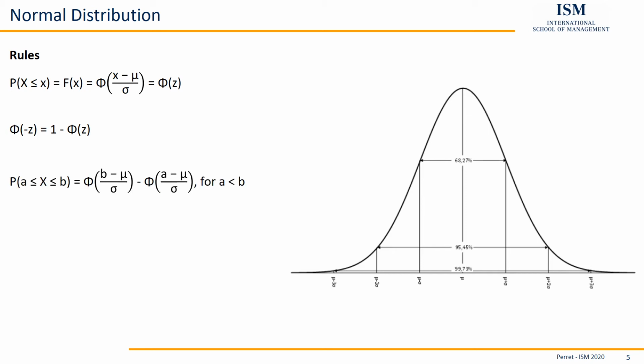Okay, this is one property. The second property is that if we want an interval, so our random variable should be somewhere between A and B, then we can first calculate the corresponding probability for X being smaller than B, and then subtract the probability of X being smaller than A. And why can we do this?